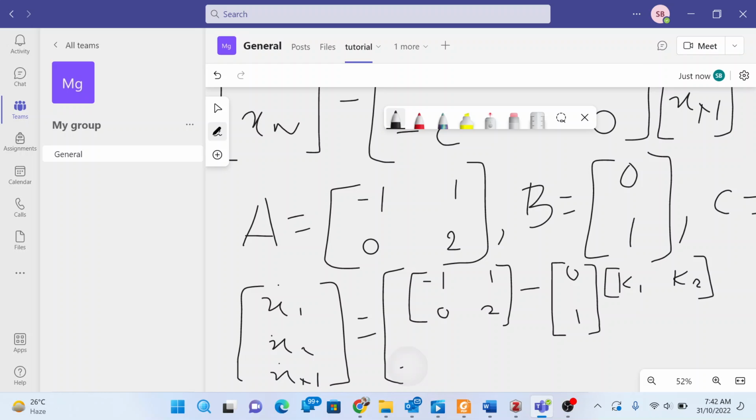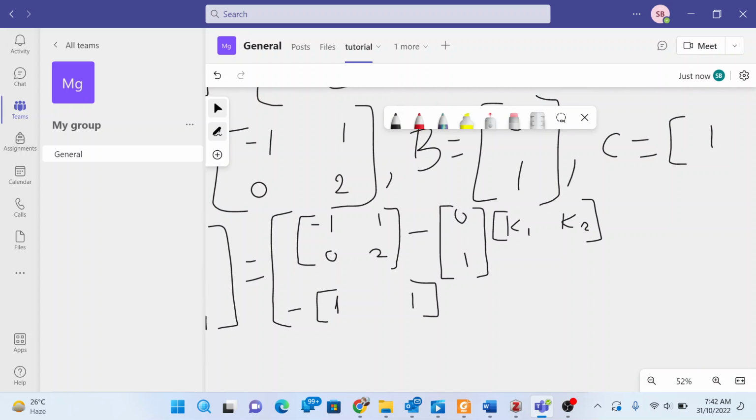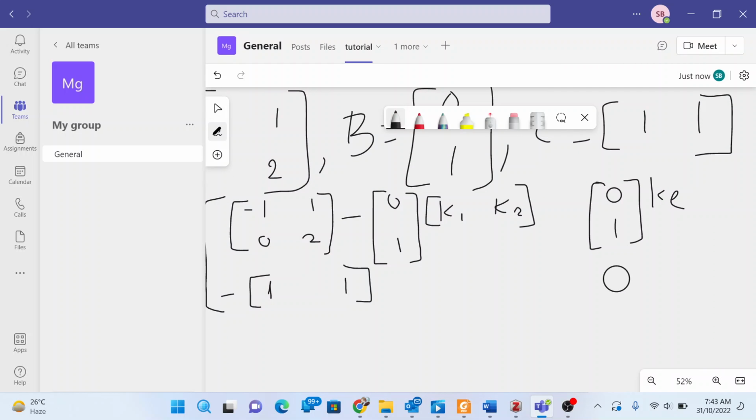Then the below is going to be 1 1, while on this side we will have this one to be BK, that is B as 0 1, then KE, then 0 will be here. So we just arrange them like that and put them inside this matrix.